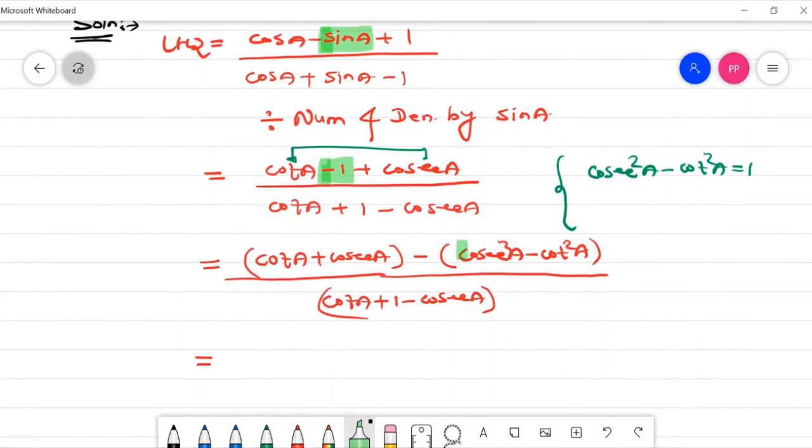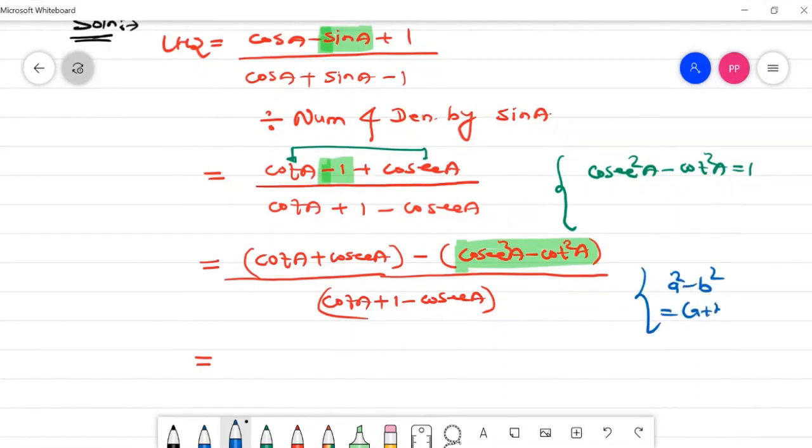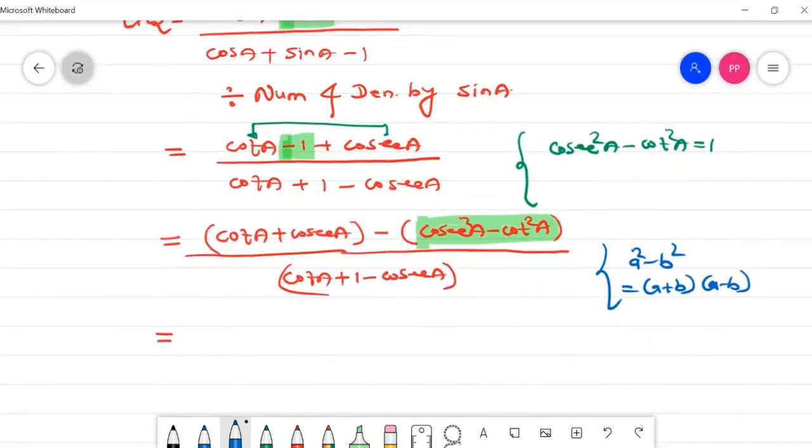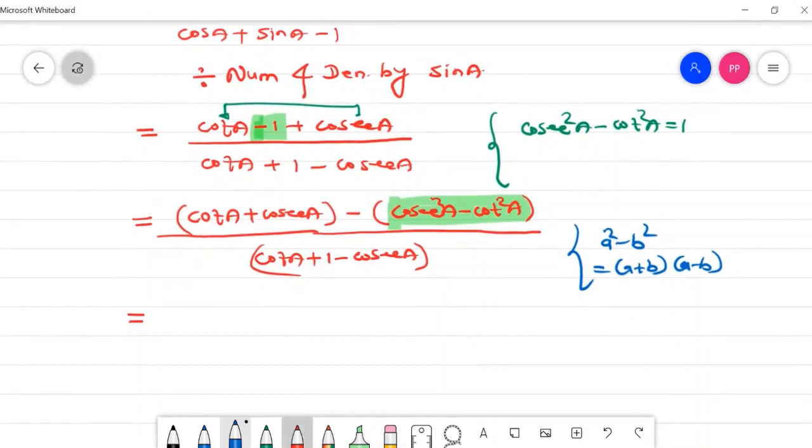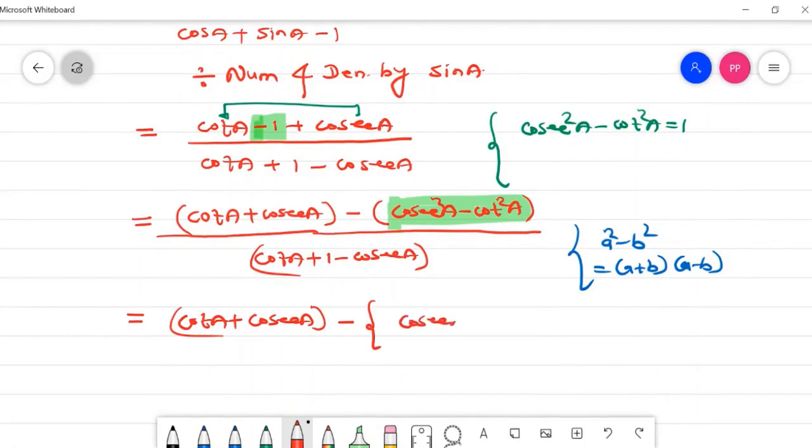Now if we see the numerator carefully, cosec square A minus cot square A is in the form a square minus b square, which can be written as (a plus b) in the first bracket and (a minus b) in the second bracket. So we can apply that formula. We copy the first term as it is, that is (cot A plus cosec A) in bracket, minus, and in a curly bracket we apply a plus b, a minus b.